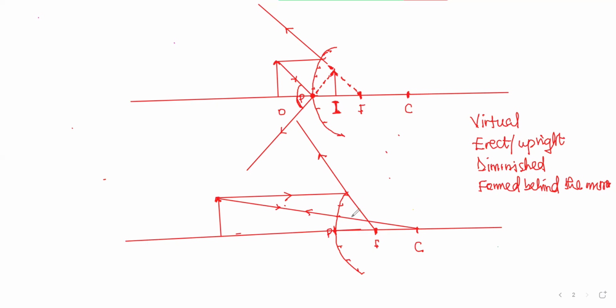Please, this is a virtual thing, okay? But because I cannot draw it behind the mirror, I use a broken line.